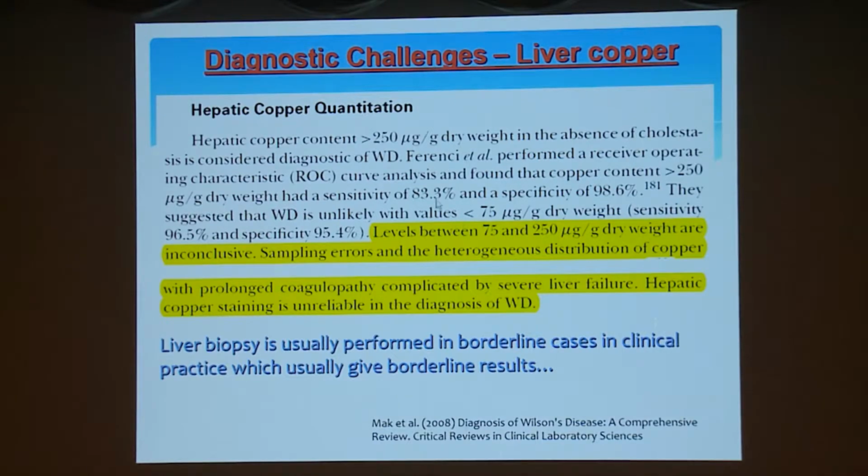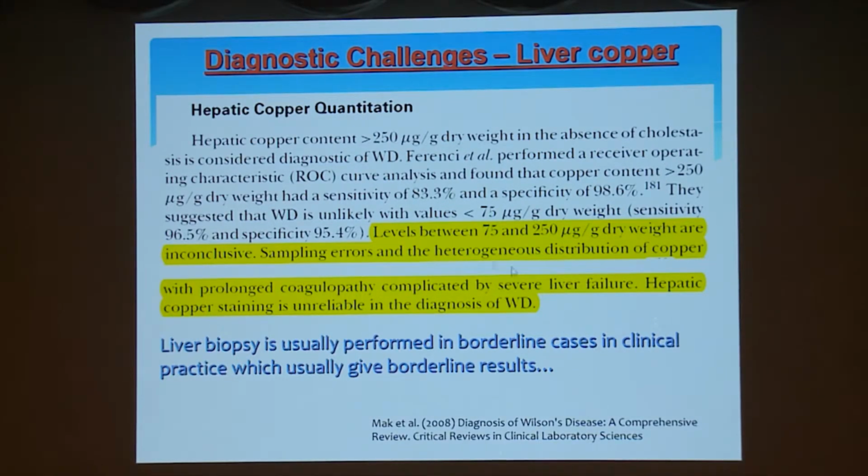So liver copper, some in the past believed that this is a golden test, but in our experience, it is not, because it is only indicated when you have inconclusive cases. But most of the time, those patients are in acute liver failure and they have coagulopathy problems, they have bleeding tendency. So it is not really wise to do an invasive procedure at that moment.